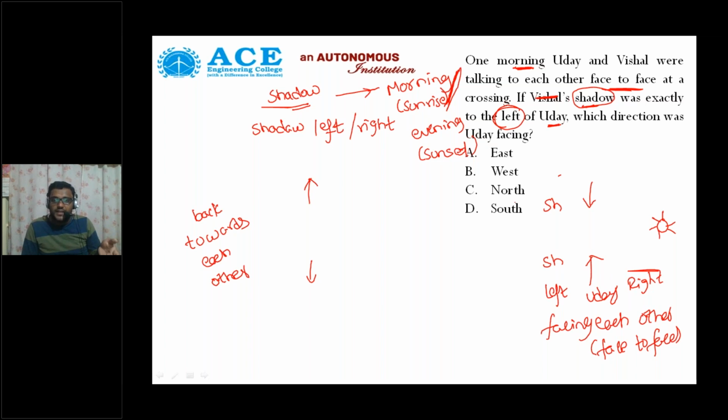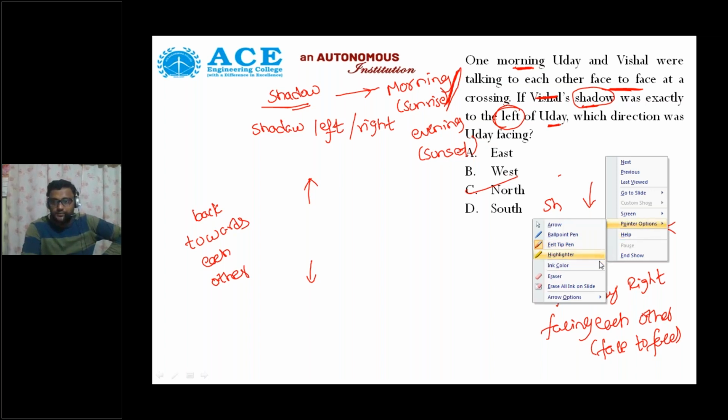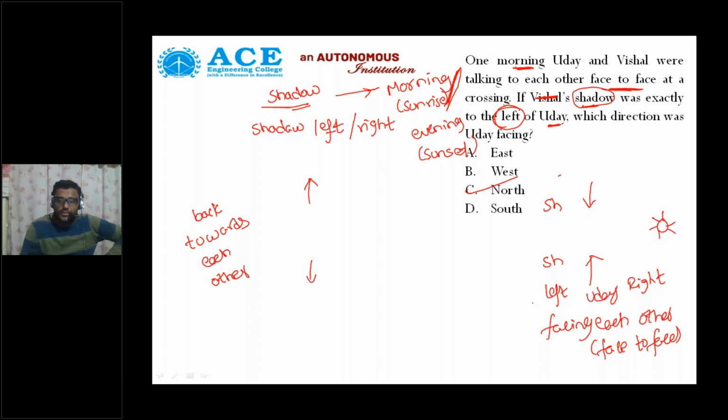Now Uday is facing which direction? North. That's it. Answer done. So finally, if you see this, Uday is facing which direction is nothing but north, right? So hope you understand. These people are facing towards south. Okay, this is nothing but Vishal actually.